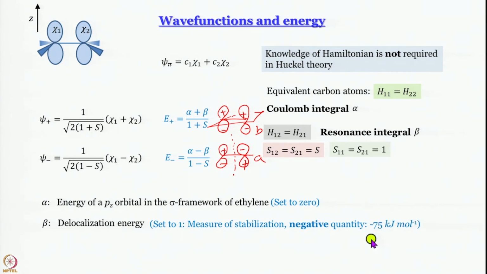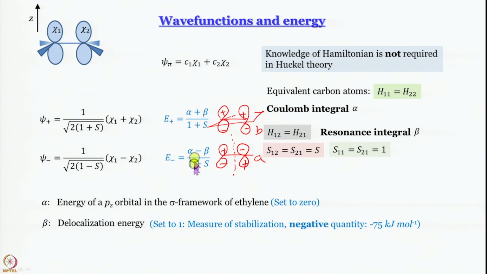How do I know that it is minus 75 kilojoule per mole? I know it from experiment, because as you will see we know the expressions for E plus and E minus. Now, if I know the energy of transition between HOMO and LUMO of your ethylene, then I can figure out what the value of beta is.